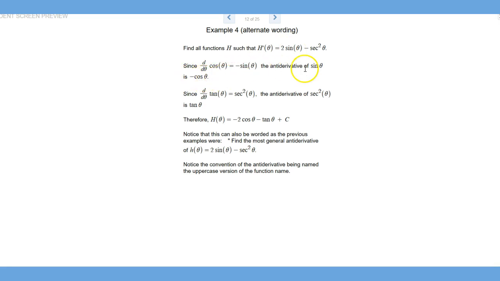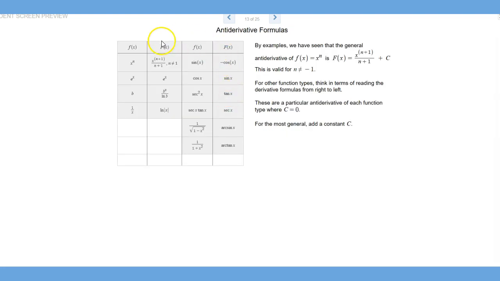Likewise, what function has a derivative of secant squared theta? Well, that's tangent theta. So therefore, my function is minus 2 cosine theta minus tangent theta. And since it said find all functions, that's again the general antiderivative, so I'm going to add that arbitrary constant c. So here is a table of formulas.